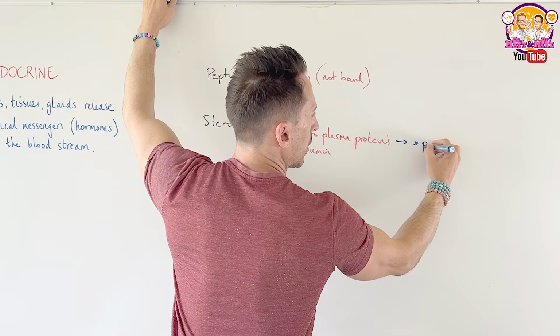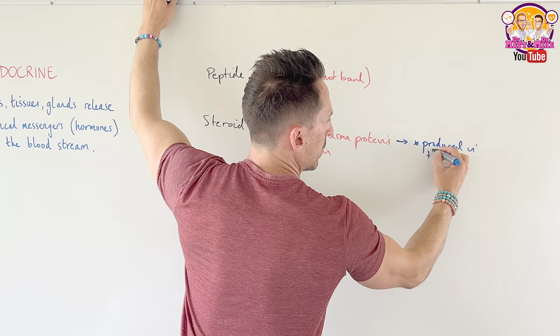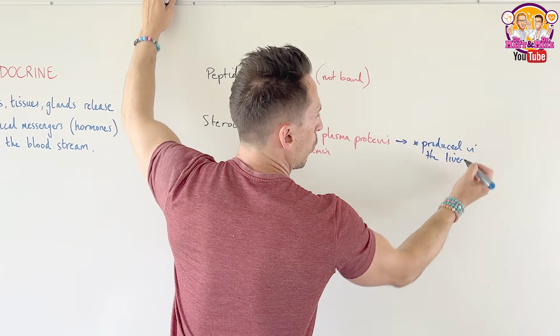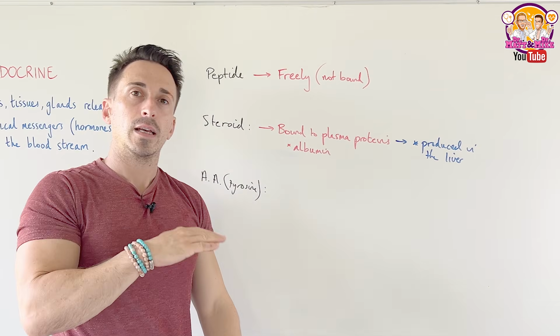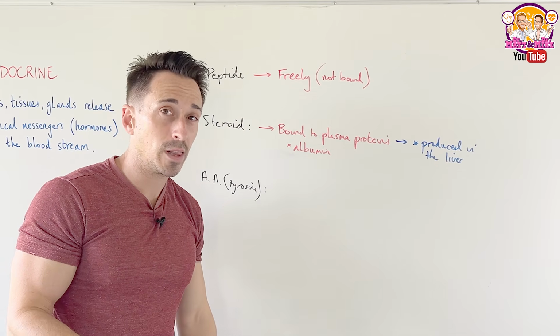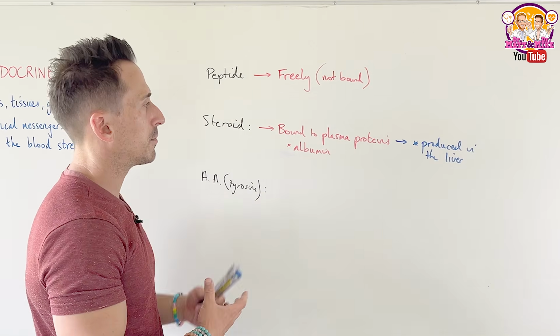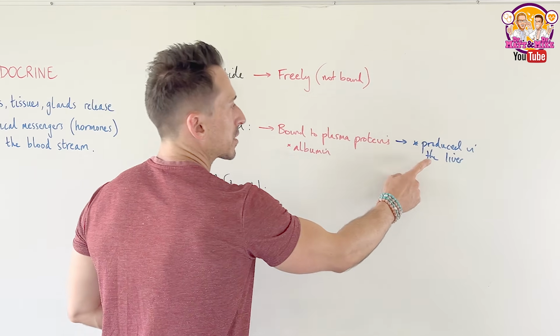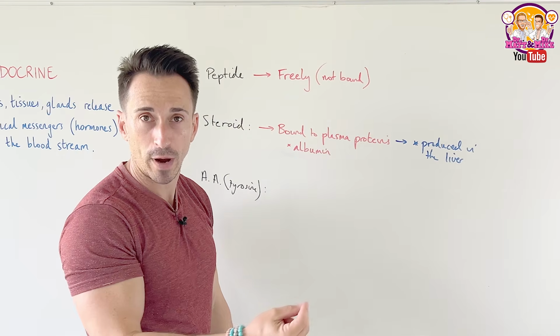Most of them are produced in the liver. And why is this important? It's important because if your liver doesn't function very well anymore because of hepatitis or cirrhosis or whatever liver disease that somebody might get, it's going to affect the way these steroid hormones are bound and can travel.